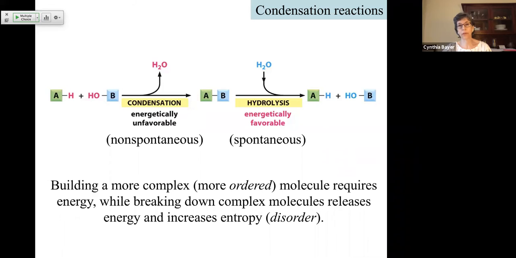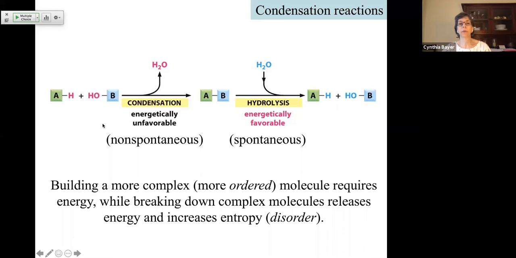They're going to follow the second law of thermodynamics. In the case of a condensation, energy will have to be supplied. A coupled reaction that is spontaneous will have to be available in order for a condensation reaction to occur, in order to drive this energetically unfavorable reaction.